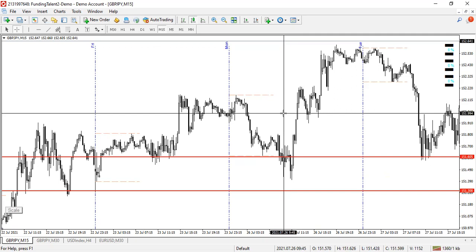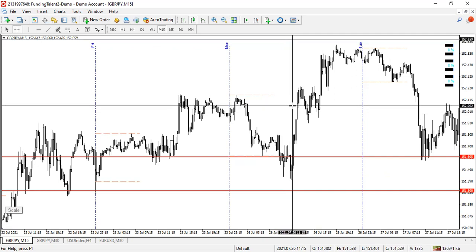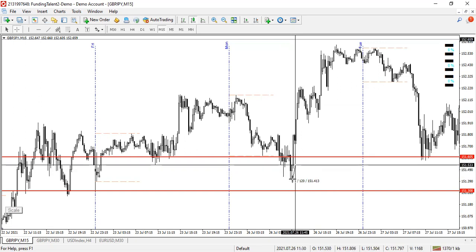Now, trading the low of the day can be dangerous. You wait for a test, although it's not easy, but that is how you get a very safe trade. We get a nice retest here. This is where I would take a buy, putting my stop loss some 20 pips away.